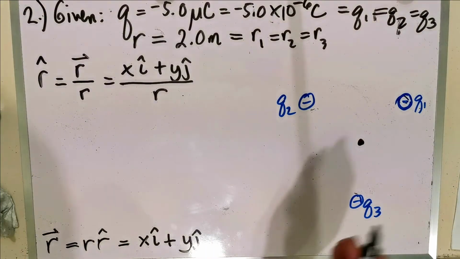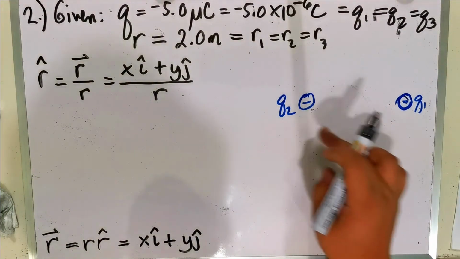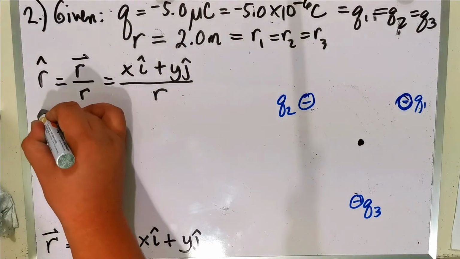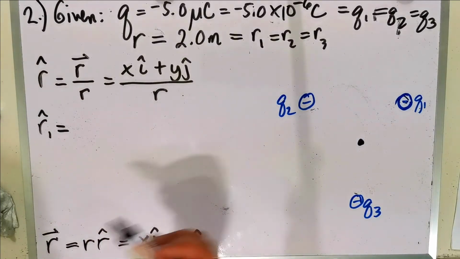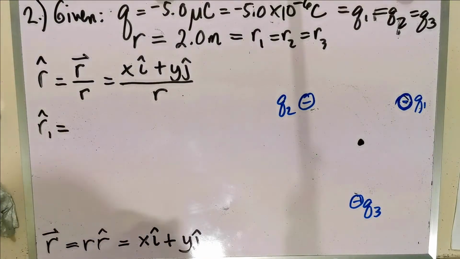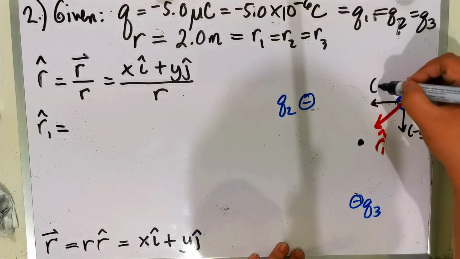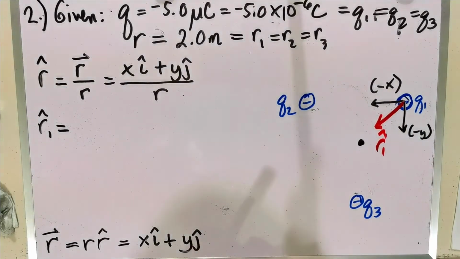Now, since we are considering R1 hat, R2 hat, and R3 hat from the three charges, for R1 hat, the direction is toward here. The R1 hat has components negative Y and toward the left, negative X, meaning both X sub 1 and Y sub 1 are negative.